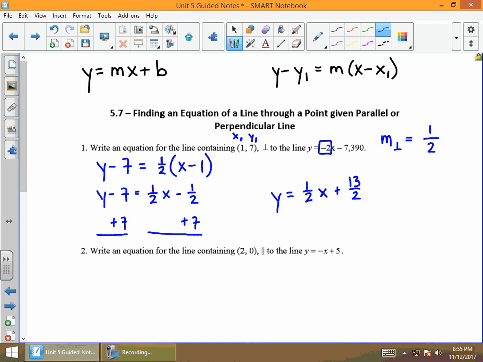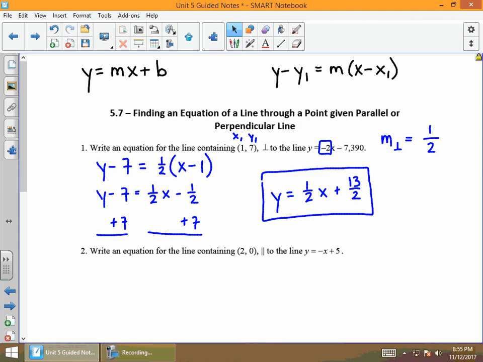So my equation is y equals 1/2 x plus 13 over 2, or 6.5. Again, if I wanted to put in 6.5, I would have used the slope as 0.5. I would have written that as a decimal. All right, that takes into account the fact that it is perpendicular. Negative 2 is one slope, and positive 1 over 2 is my other slope. And it will go through that point (1, 7).